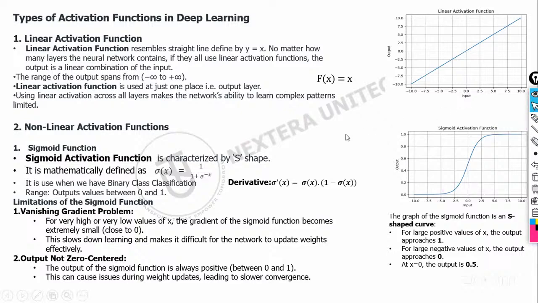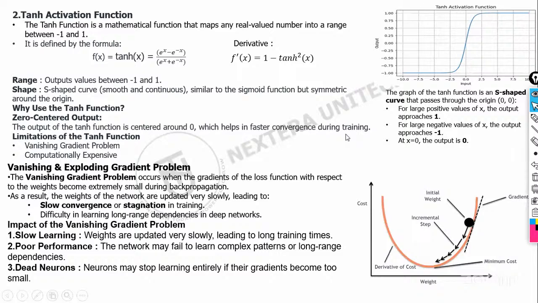Let us move to the next function, tanh. The second one is the tanh activation function. This is again related to tan theta and all. I hope you remember trigonometry. The tanh activation function is mathematically given with this formula: e to the power x minus e to the power minus x, divided by e to the power x plus e to the power minus x.